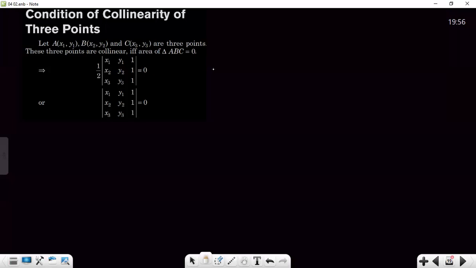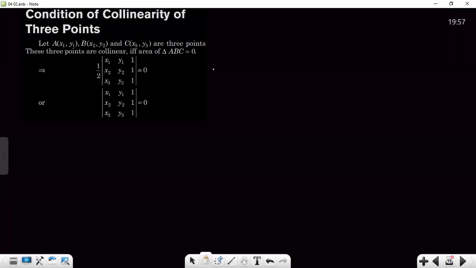So if those three points are on a straight line, the kshetrafal, the area formed by those three points, is basically zero because they are not forming any triangle. If there is no triangle, the area is also zero.